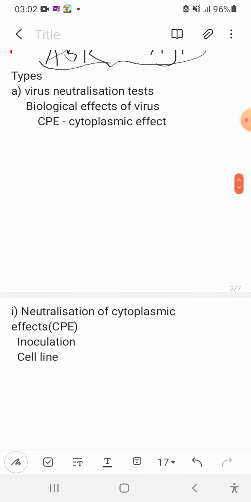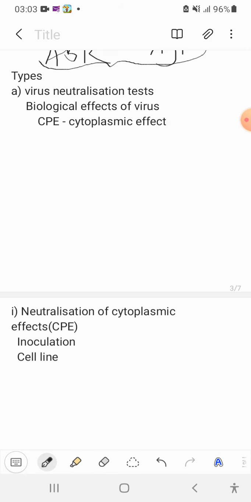In the virus neutralization test, the biological effects or activities of the virus are neutralized when the virus is reacted with its antibody. There are a number of such biological activities.